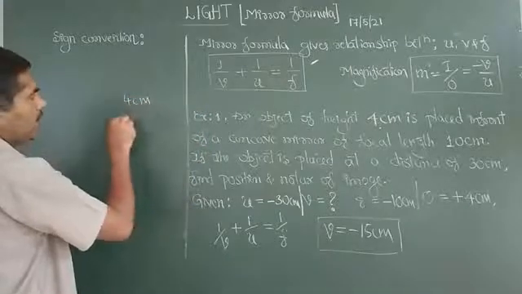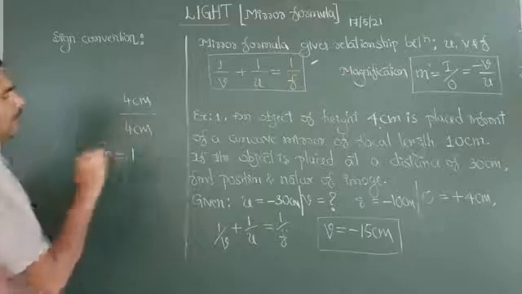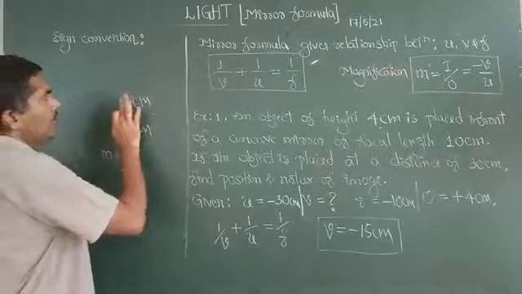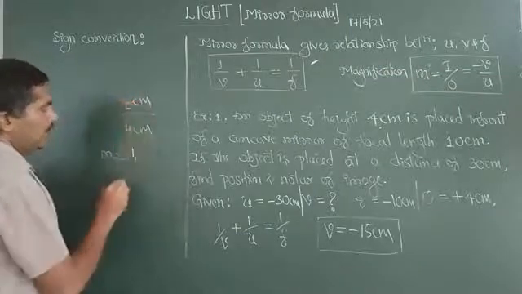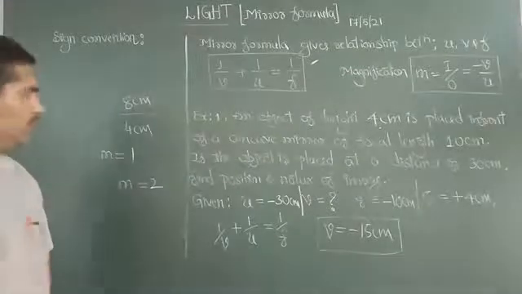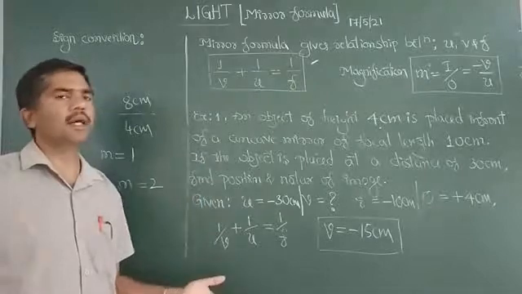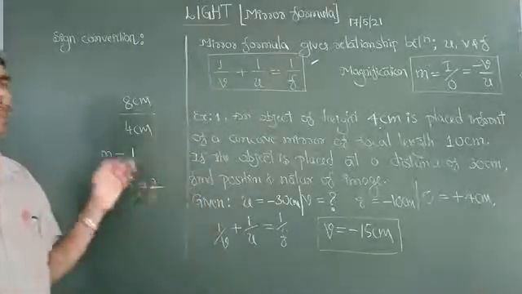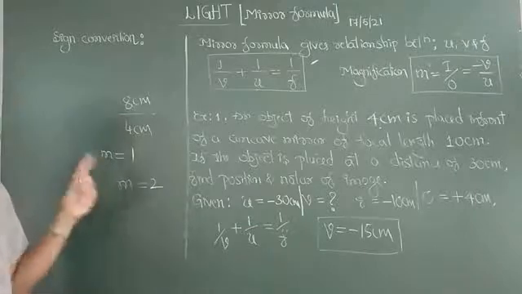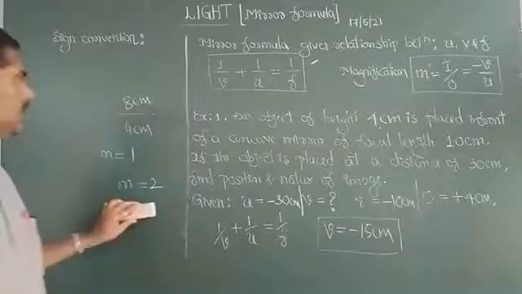If image also becomes 4 centimeter, then I say magnification is 1. If image is 8 centimeter compared to object, then I say magnification is 2. That means it is just how many times more than the object. It is a comparative statement: whether it is smaller, how much smaller, bigger, how much bigger. Then there will be a negative side also. So we shall understand that.